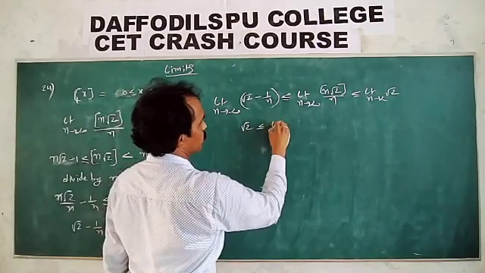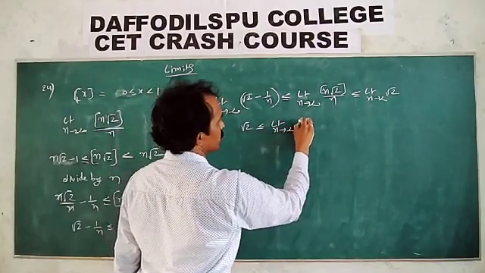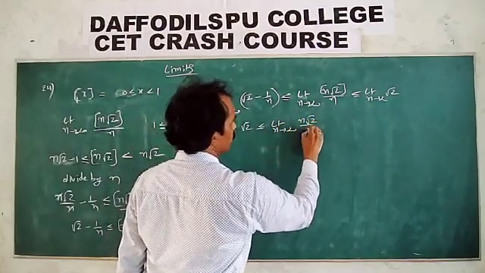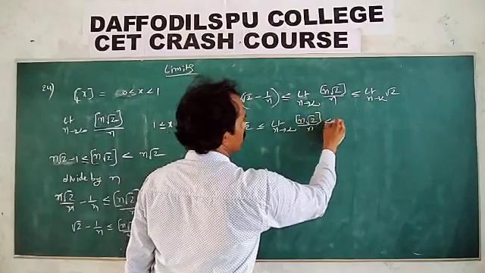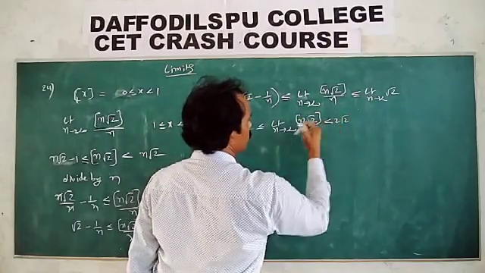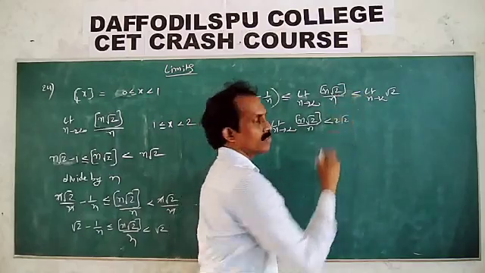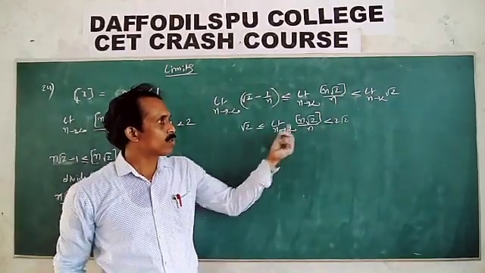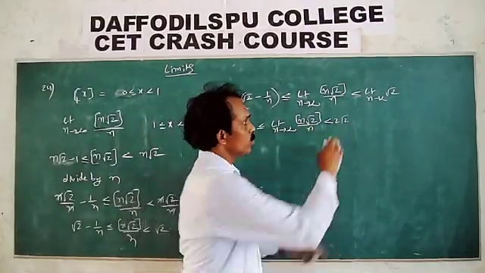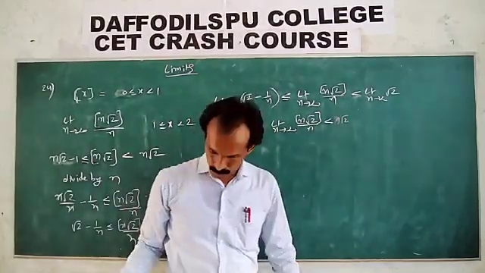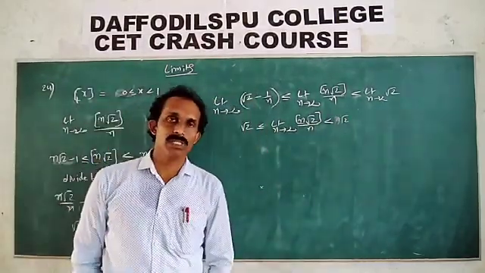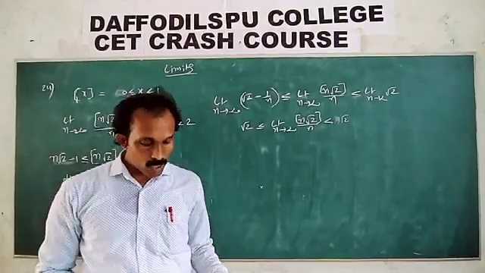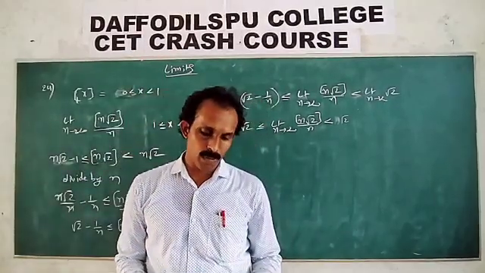Root 2 less than or equal to the limit of the greatest integer function, by the sandwich theorem, this value is equal to root 2. So the third option is the correct answer. Okay students, we'll continue the remaining problems next.